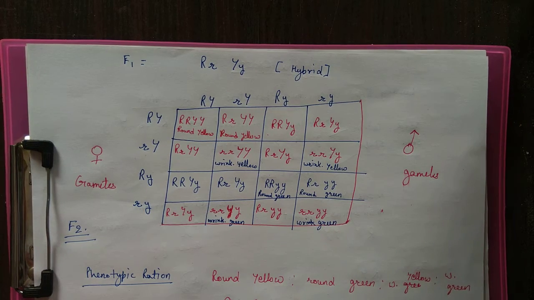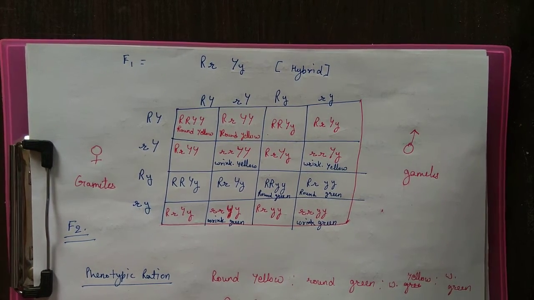Only one is recessive. So the ratio is 9:3:3:1.